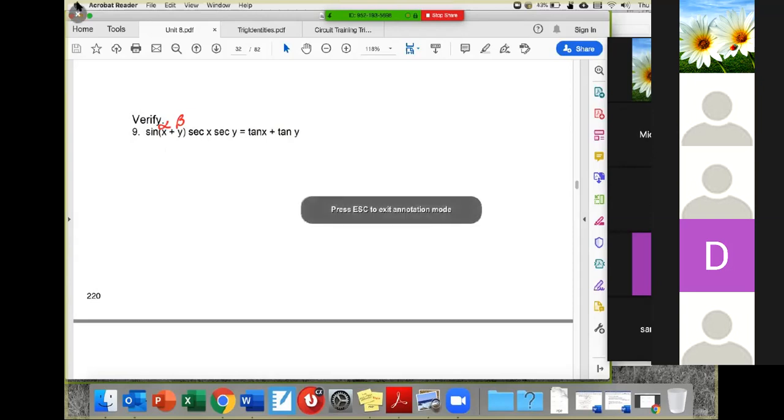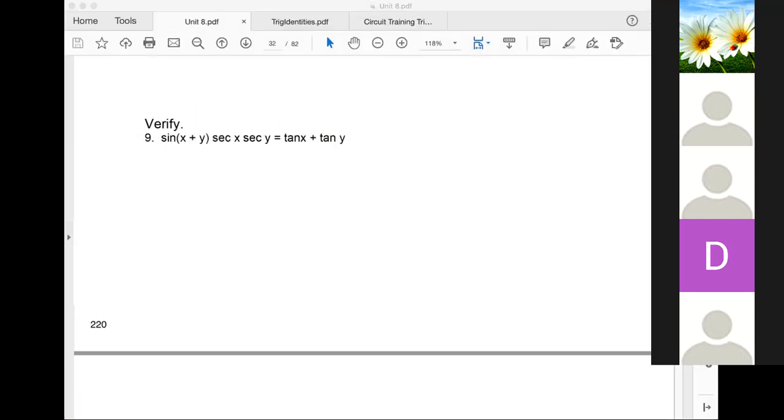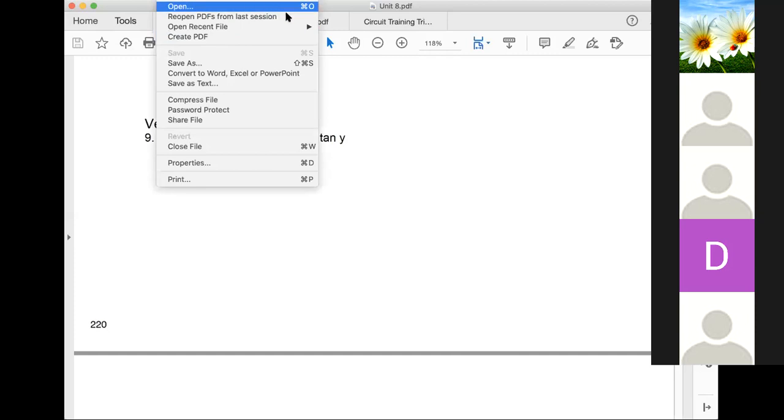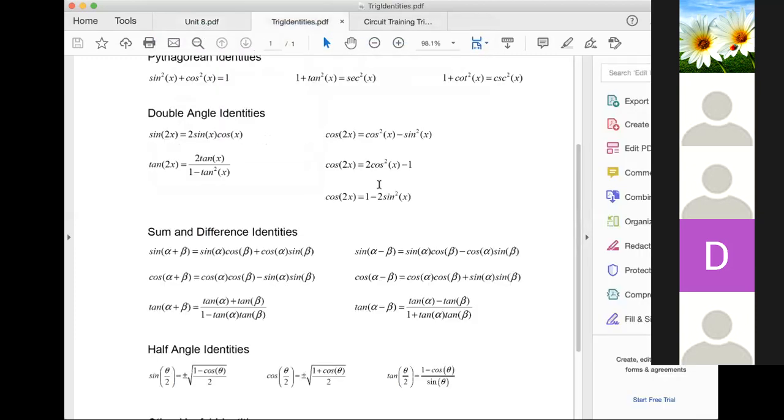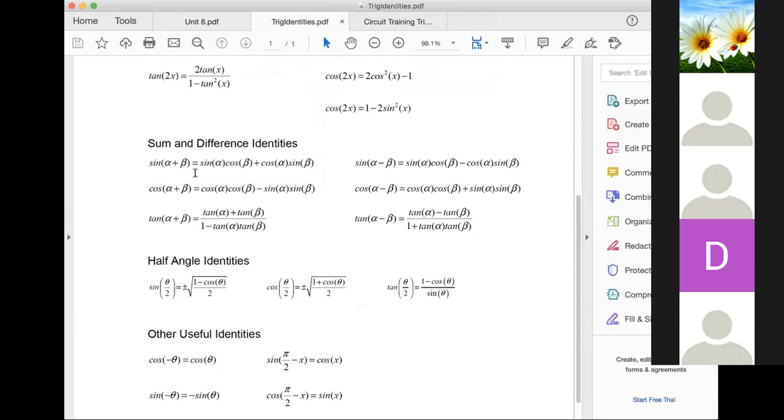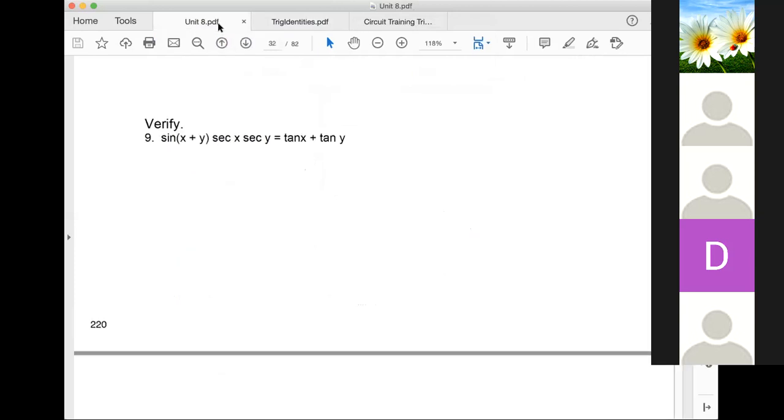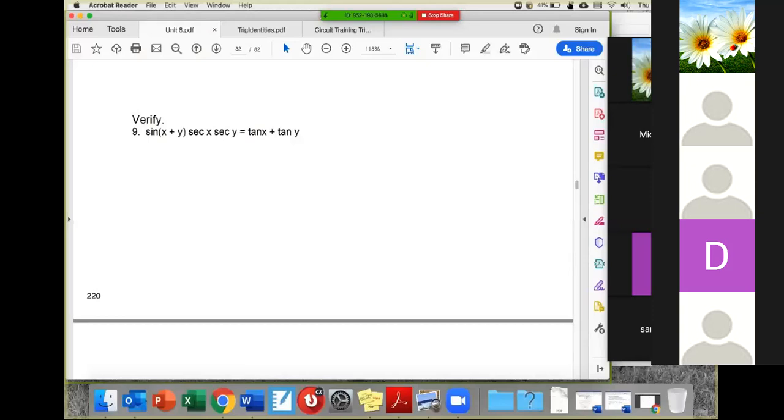So real quick, let me pull up my identity sheet. These ones, because I don't use them as often, I don't always have memorized. So let me see if I can pull up my identity sheet. Here we go. So my sine plus formula says sine alpha cosine beta plus cosine alpha sine beta. So that means I'm going to expand this with sine x cosine y plus cosine x sine y.